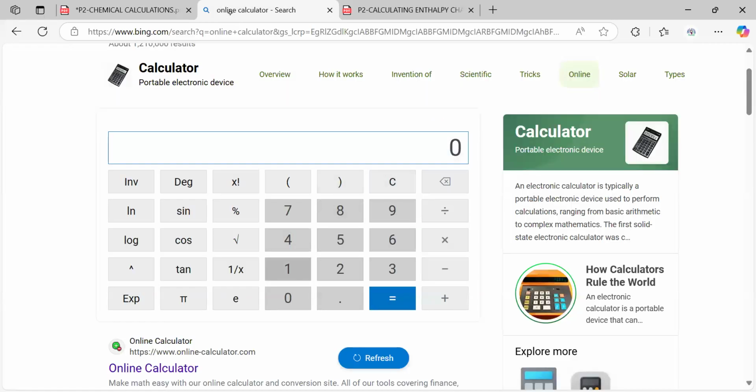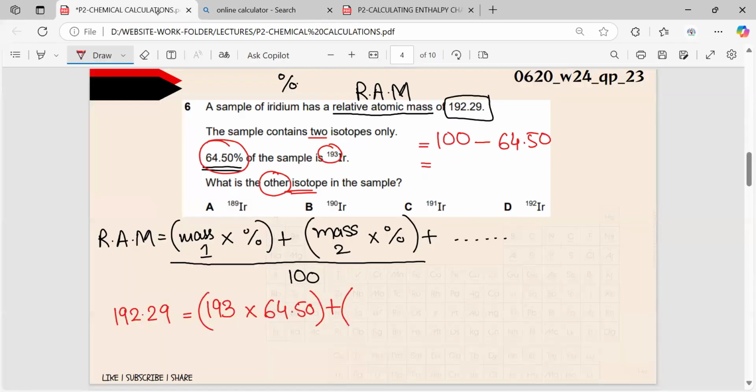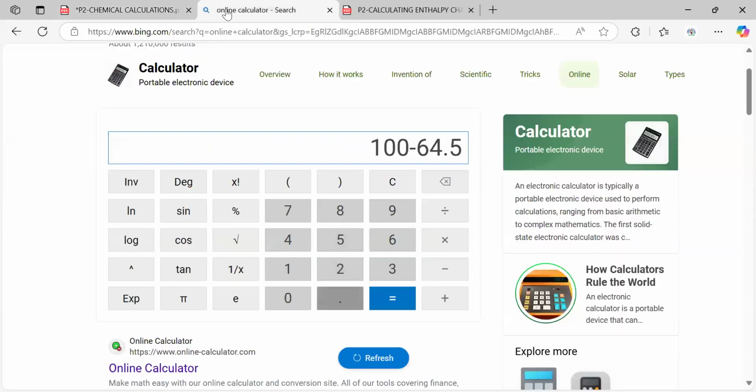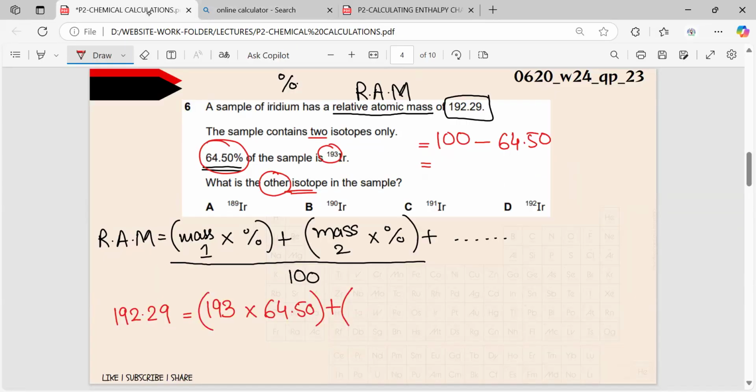So 100 minus 64.50 is 35.5. So the percentage abundance of the other isotope is 35.5. Now we don't know the other isotope's mass, so we'll write X multiplied by the abundance 35.5%. We'll divide the whole by 100 and then solve it.